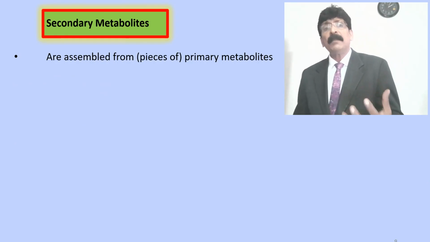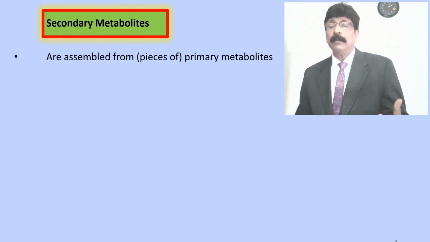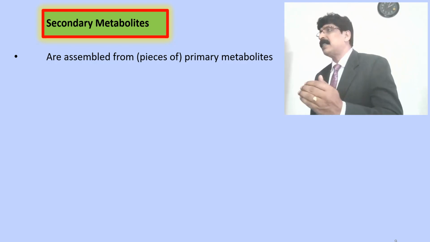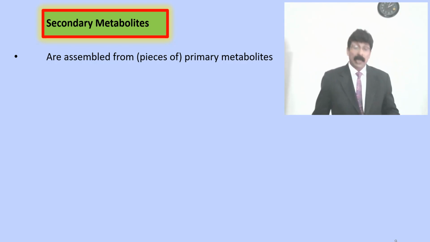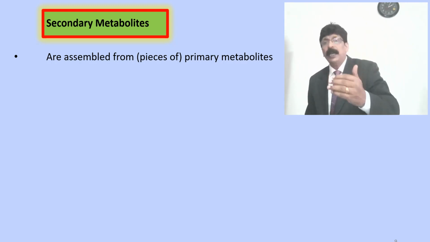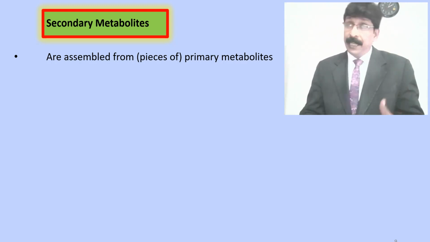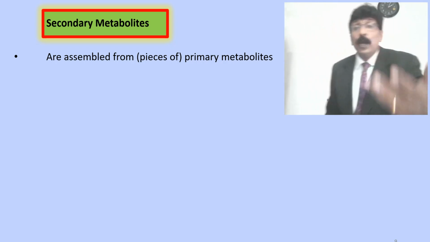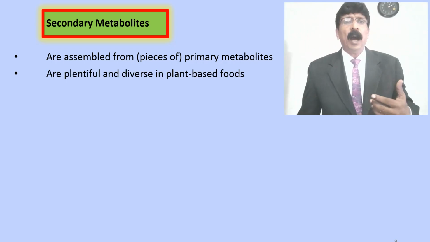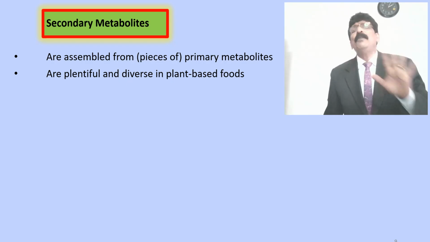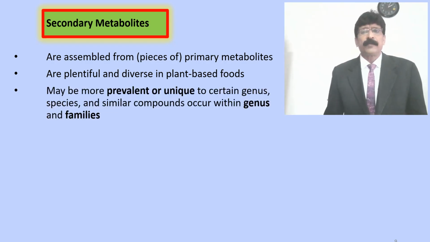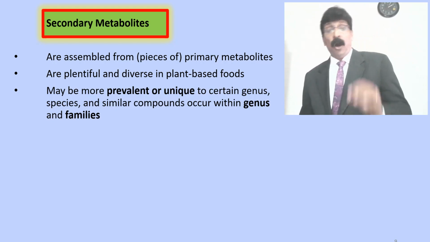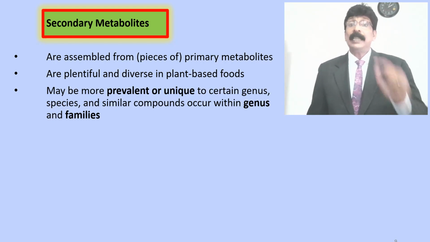Secondary metabolites means what? They are secondary, which means they are assembled from the pieces of primary metabolites. They are assembled, converted, biotransformed, added to, multiplied, and changed to become secondary metabolites, which are plentiful and diverse in plant-based foods, and may be more prevalent or unique in certain genera.